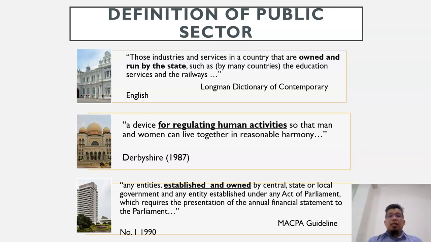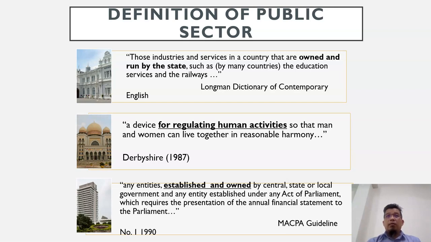So you can see that the definition of public sector is quite close to what we have in Malaysia, where we have three tiers of government: federal, state and local government. Public sector organizations are there in the three levels of government, particularly under the federal and state governments, and they are established under an Act of Parliament.